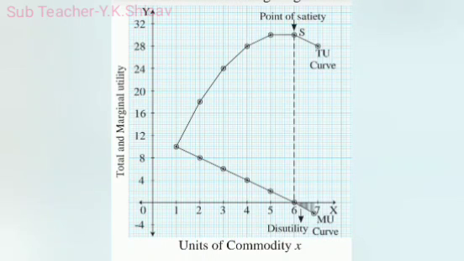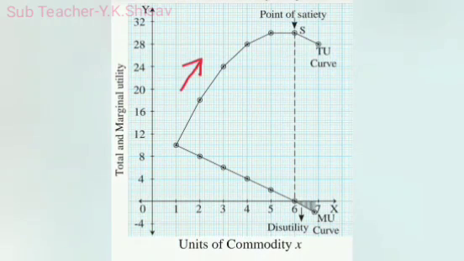On the basis of this table, total utility and marginal utility curves can be derived with the following diagram. TU curve means total utility curve. MU curve means marginal utility curve. See in the diagram, the x-axis represents units of a commodity consumed and the y-axis represents total utility and marginal utility.